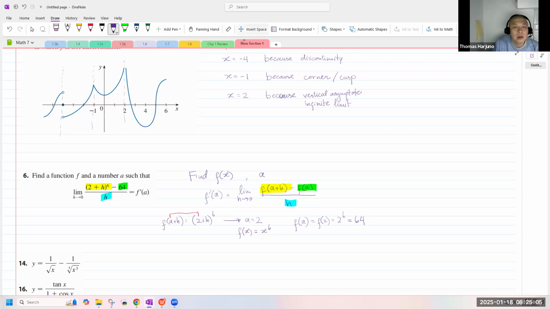Now from there, we realize this is actually the first derivative. What they ask us is only to identify what a is and what the function is, so we are actually done.